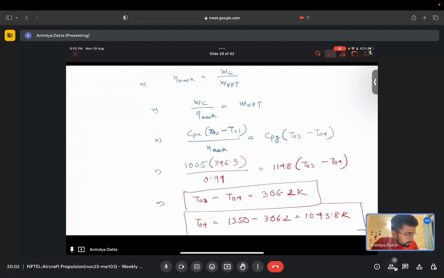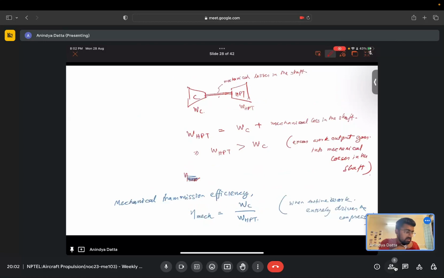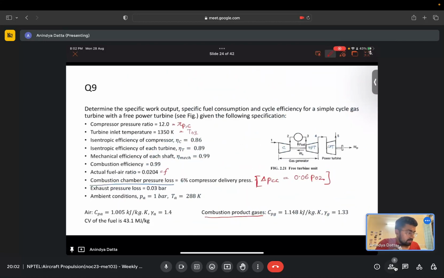So P04 is P03 divided by 3.243, which gives P04 as 3.478 bar.